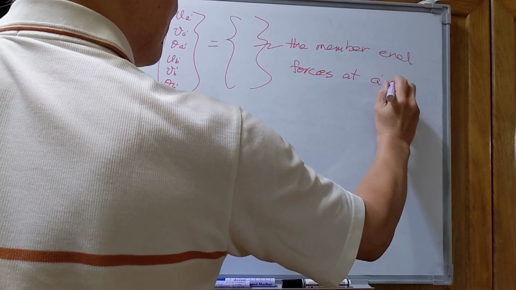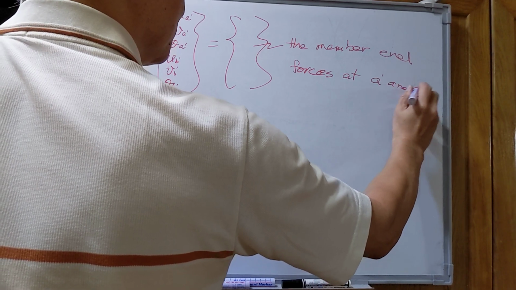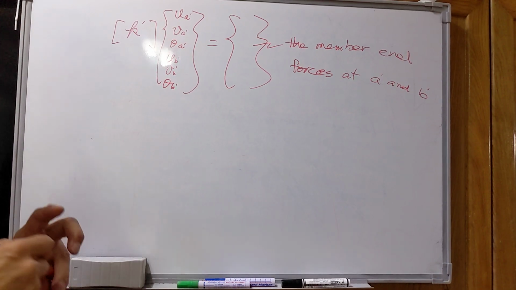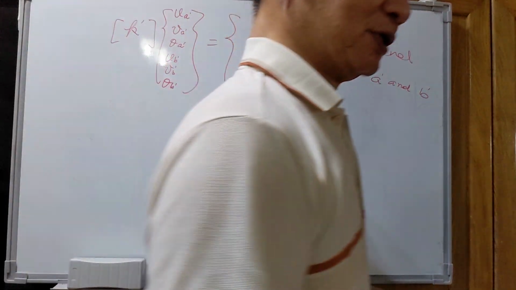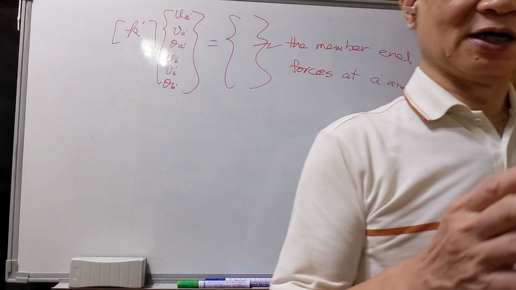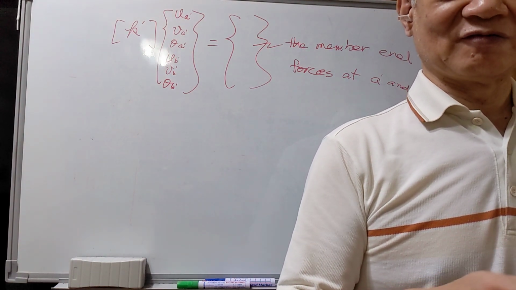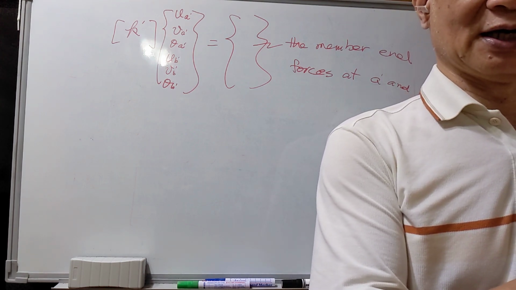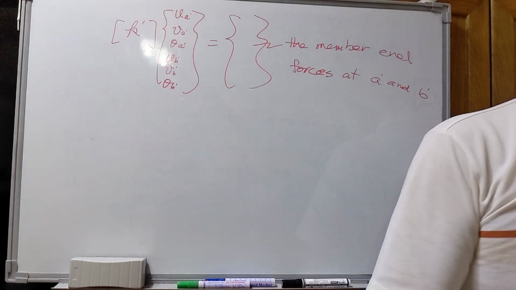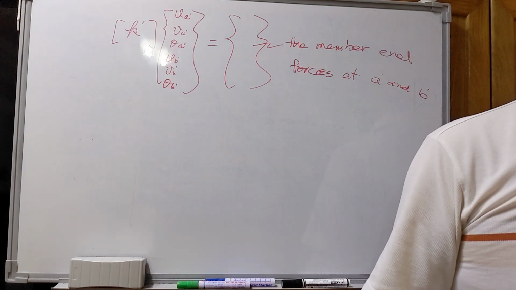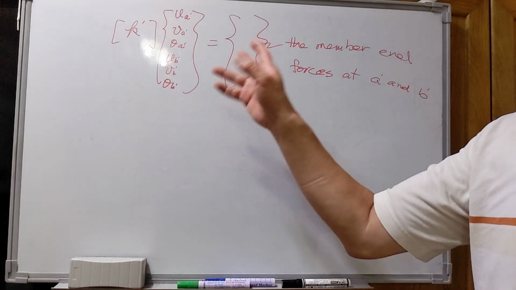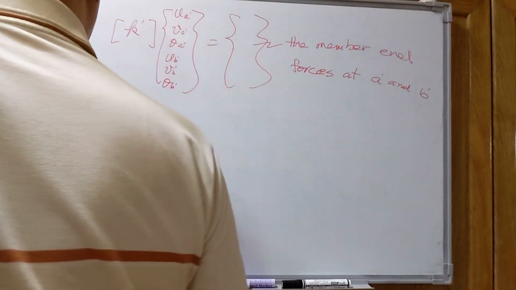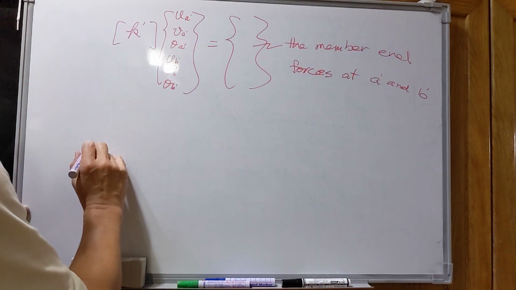As long as I add the prime, it means it is the element stiffness matrix which can be applied from point A prime to point B prime. It cannot be applied to the entire length of the element. That's the K prime we can calculate, and then we will study the displacement relationship.